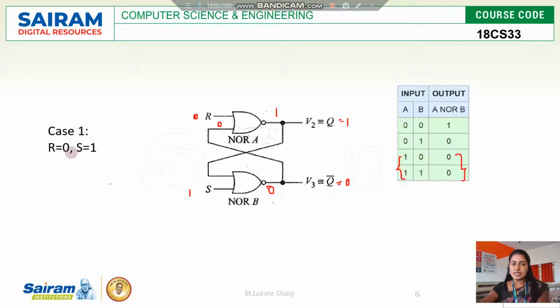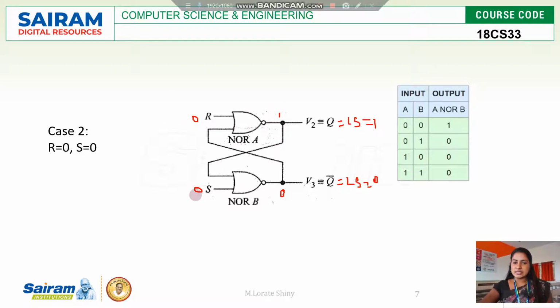The last state was when we had 0 and 1 input, the outputs are 1 and 0. So it was 1, it was 0. So we should get that only, 1 and 0 we have to get. So we'll see. This is 0. This is 1.